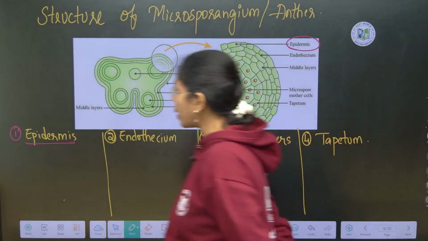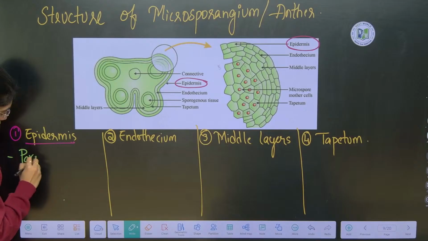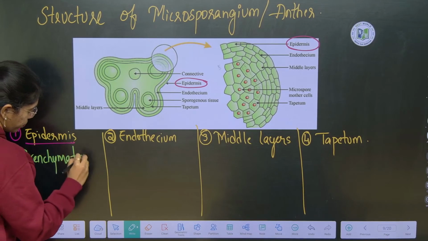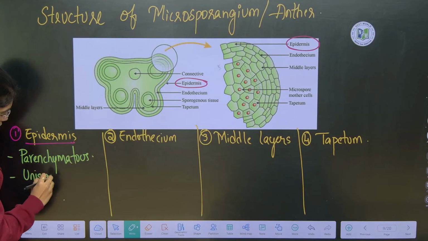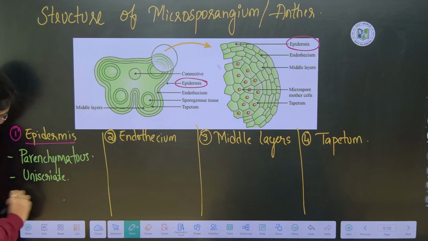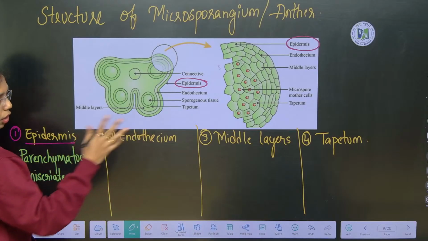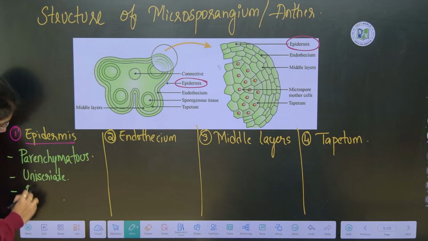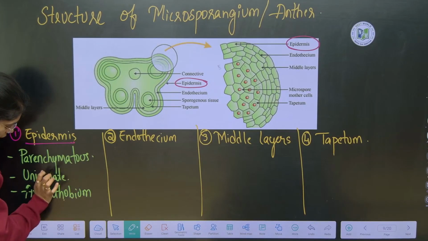So, epidermis is parenchymatous, uniseriate, single layered, with no intercellular spaces for any of the wall layers of the microsporangium, and in Arceuthobium you can see fibrous thickenings.